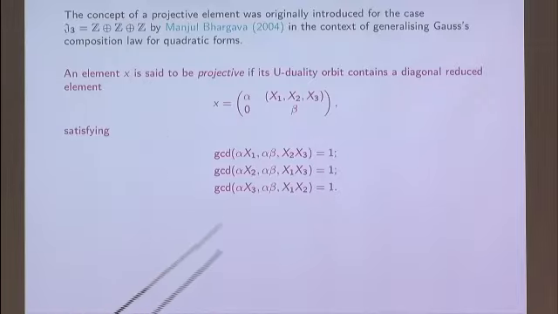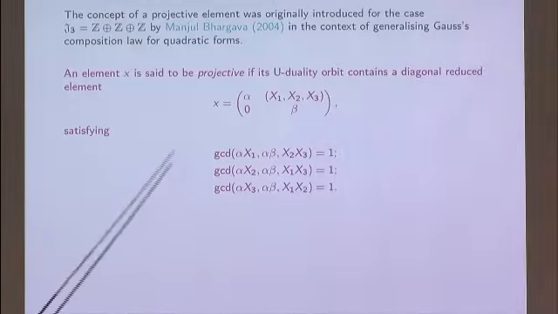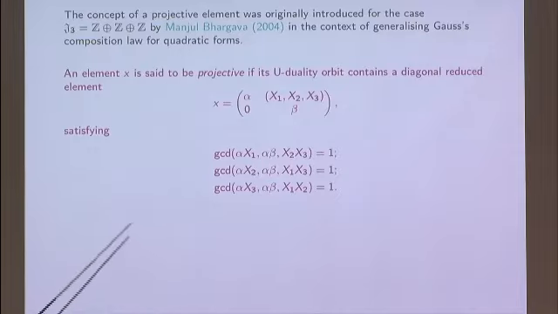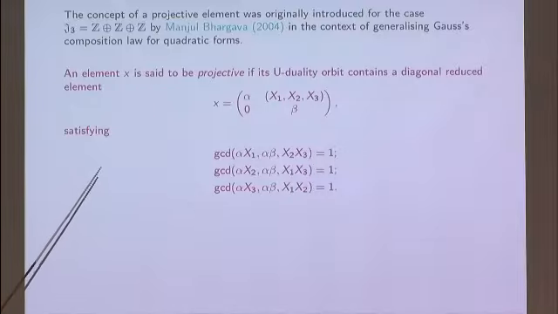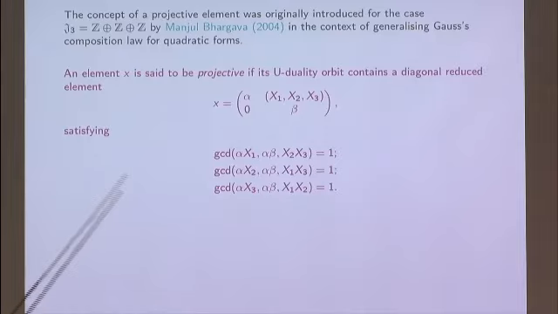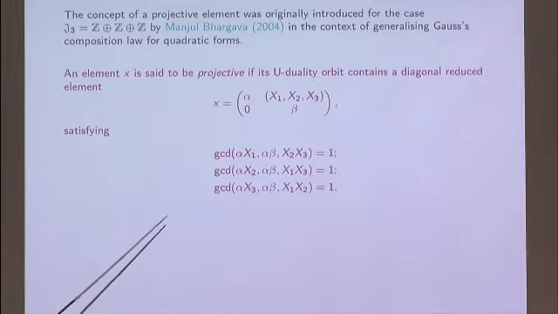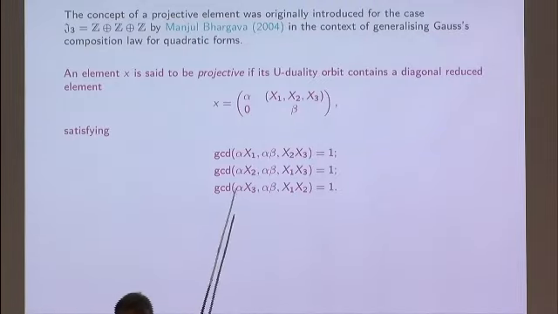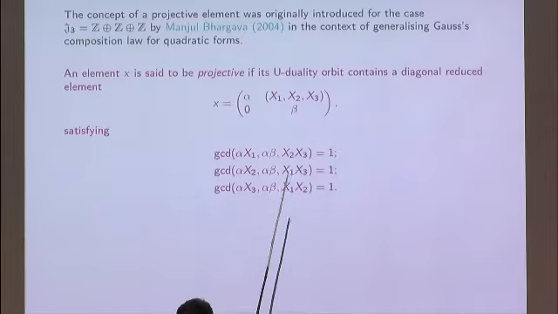And these are very counterintuitive, but you can find the proof in this paper that an element is said to be projective if its U-duality orbit contains a diagonally reduced element that looks like that and satisfies these conditions. Not exactly intuitive, but if that's the case, then you can classify them.